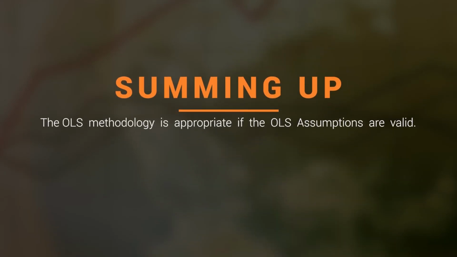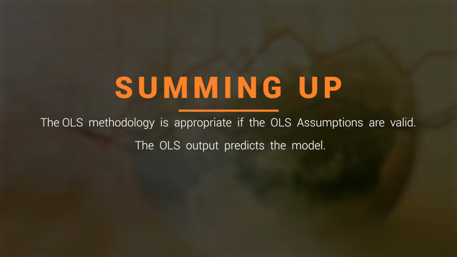So this goes back to the final summing up of this particular module, which says that the OLS methodology is appropriate and we can go for the interpretation of the output if the OLS assumptions are accurate and valid. That's very important. OLS output predicts the model. That is also very important, because the predictive model is actually our objective of any estimation problem.